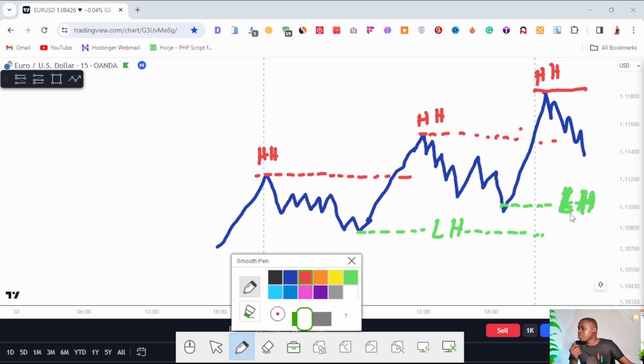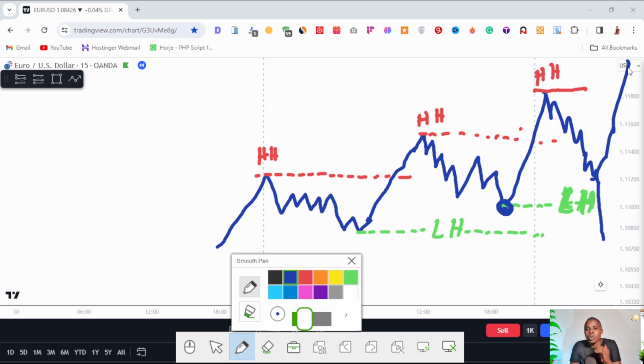So if this market by any chance goes down here and breaks below this zone just like this, I'm no longer in an uptrend because my lower high has been breached. But if it doesn't, if it goes to the upside and goes all the way to break here, we are still in an uptrend. That's how you read a trend effectively.